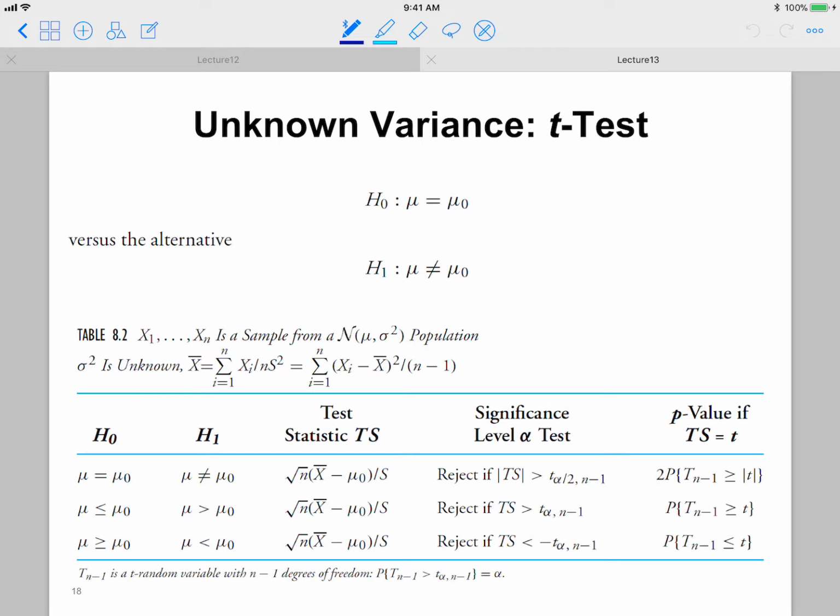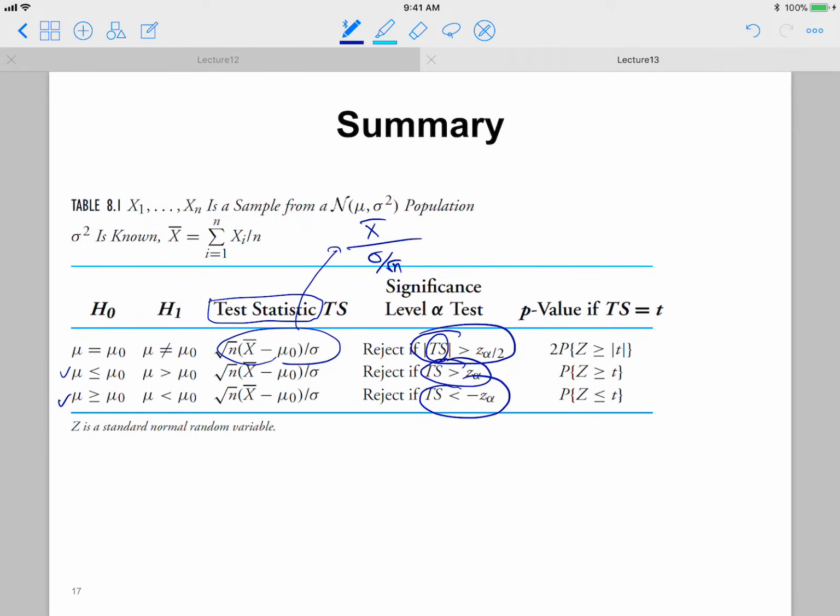And then just like how we extended this to known variance cases, we also move to a little bit more difficult situation where we do not know the variance, right? In that case, the story is almost the same.